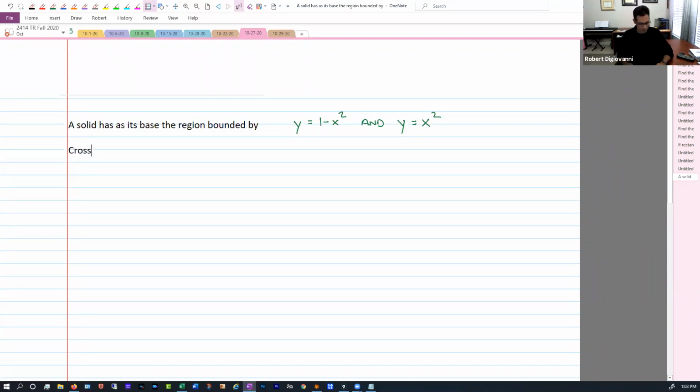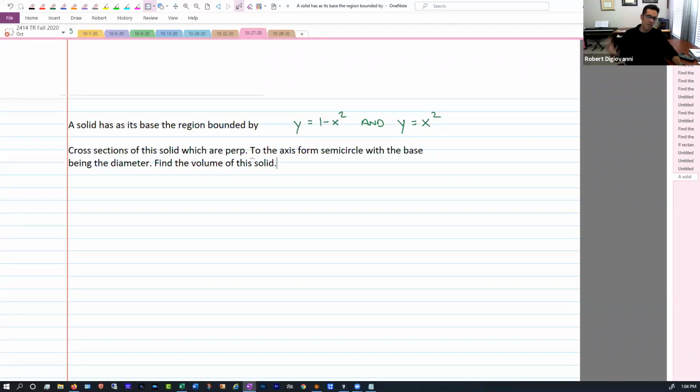Cross sections of this solid, which are perpendicular to the x-axis, form semicircles with the base being the diameter. Find the volume of this solid.